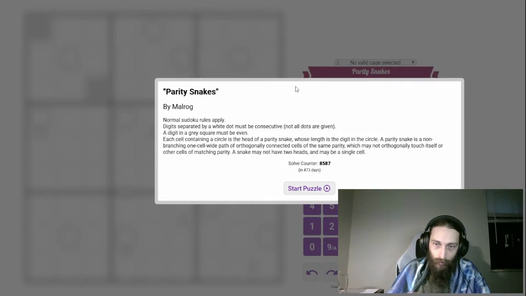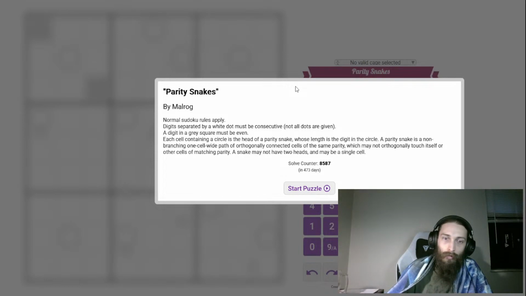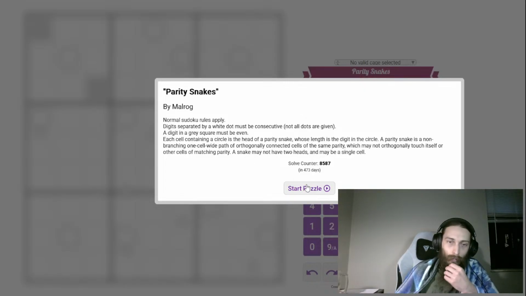A parody snake is a non-branching, one-cell-wide path of orthogonally connected cells of the same parody, which may not orthogonally touch itself or other cells of matching parody. Okay. So, the snake may not have two heads and may be a single cell.